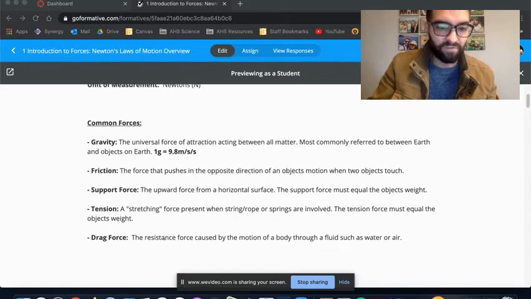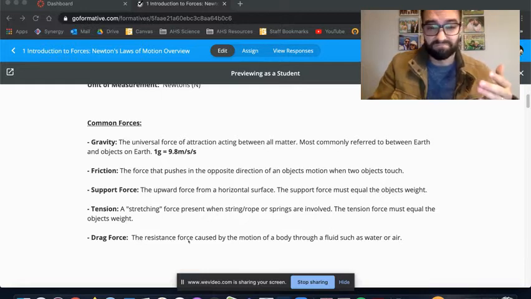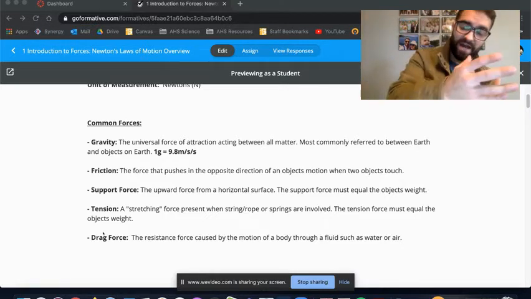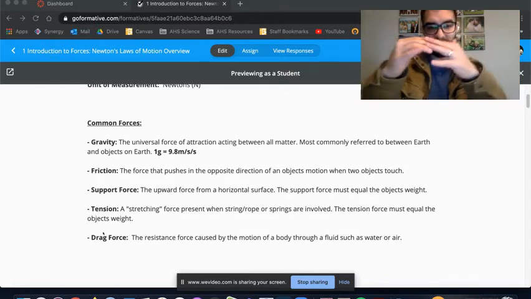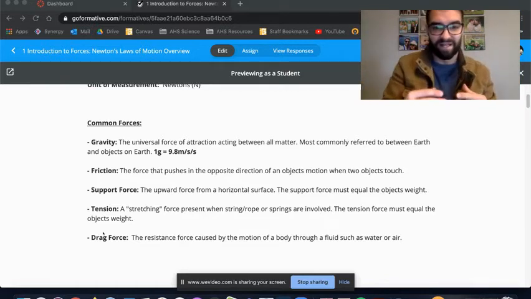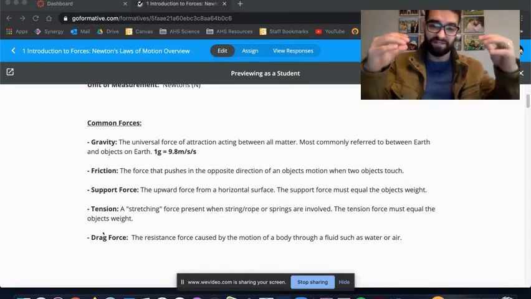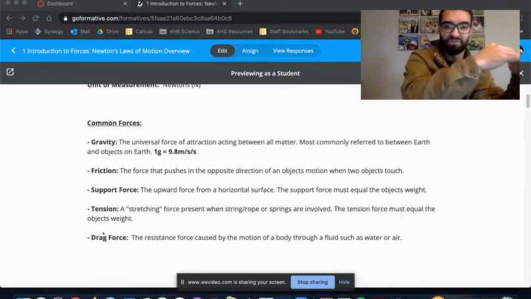And then drag force is also common. The drag force is the resistance force caused by the motion of a body through a fluid, such as water or air. So really, drag force summarizes air resistance. When you go through air, you are getting hit by particles of air. And that in some aspects is similar to friction, but it's resisting your motion.